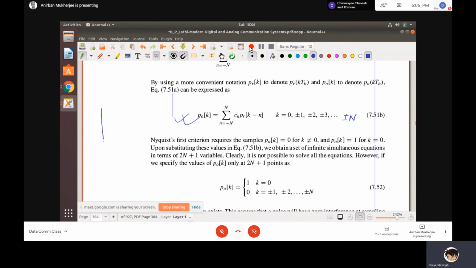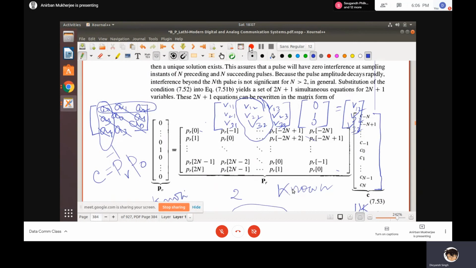So that means in the P matrix you have got 2n plus 1 equations, 2n plus 1 entries. The middle one is 1, the rest are all 0. Then I have this PR(k minus n). Here k and n both are varying from minus n to plus n. So you have got a square matrix, that is the PR matrix.